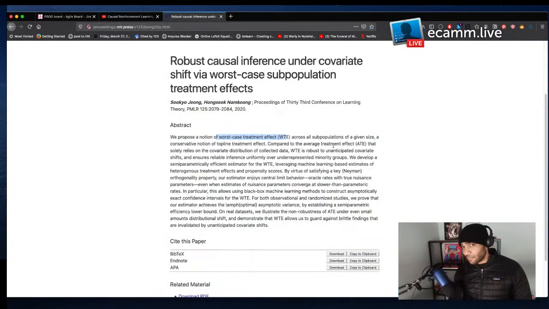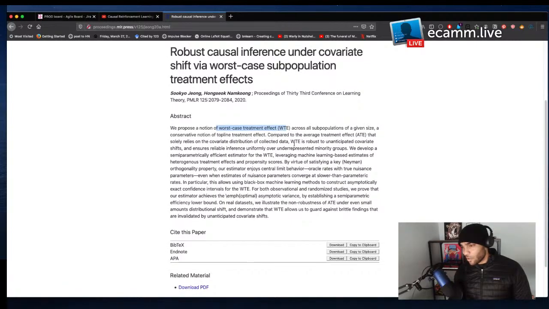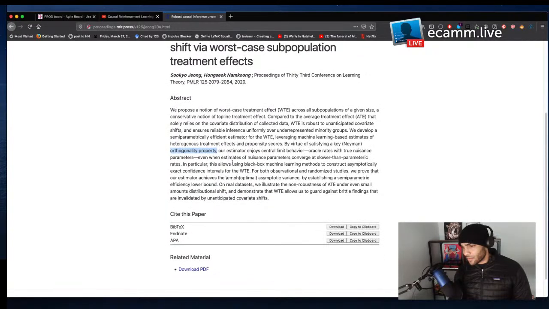But let's see here. We've got a worst case. What are the assumptions? Semi-parametrically. Propensity scores, Neyman orthogonality property, slower than parametric rates.